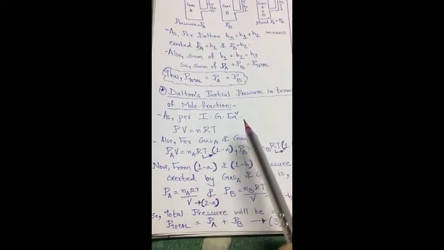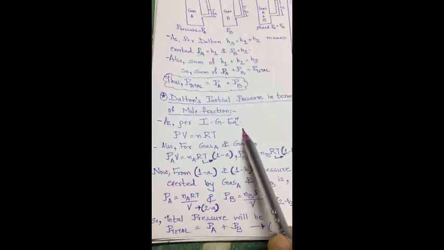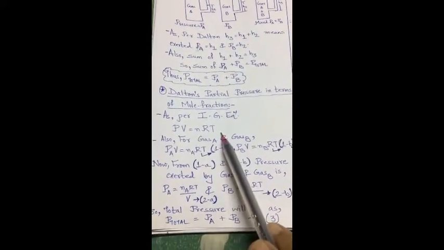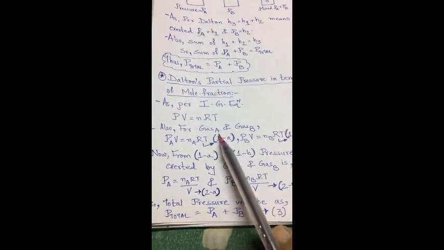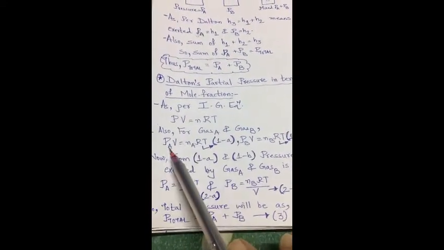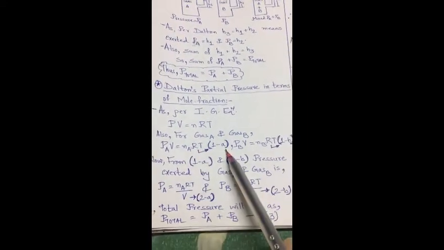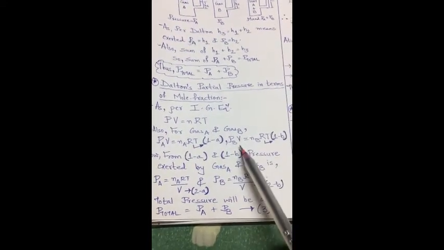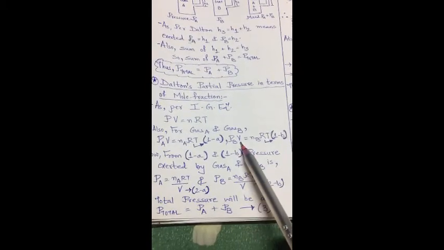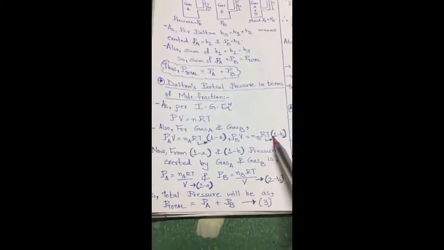So again, as per the ideal gas equation, PV is equal to nRT. Now for gas A, PAV is equal to nART, equation 1A, and the same for gas B, PBV is equal to nBRT.